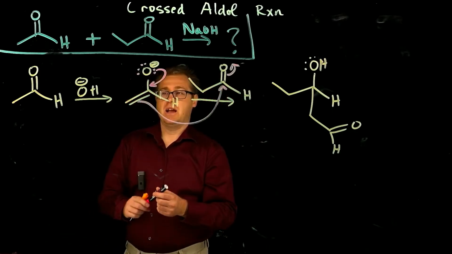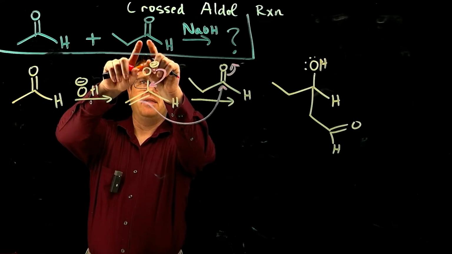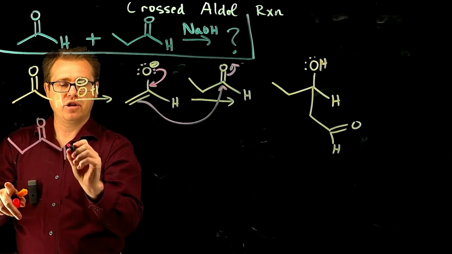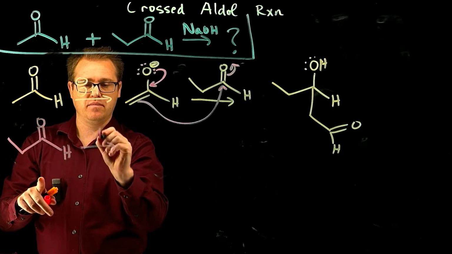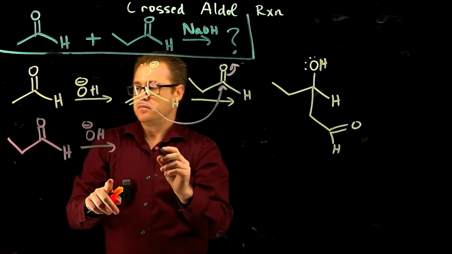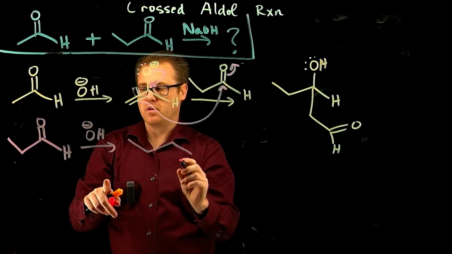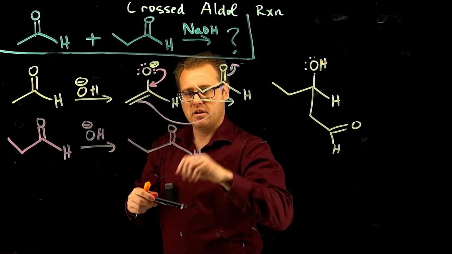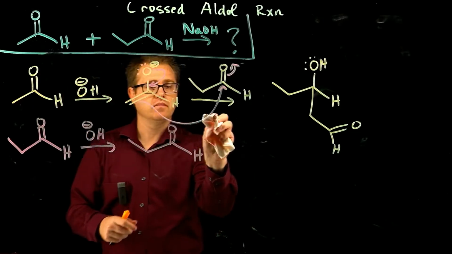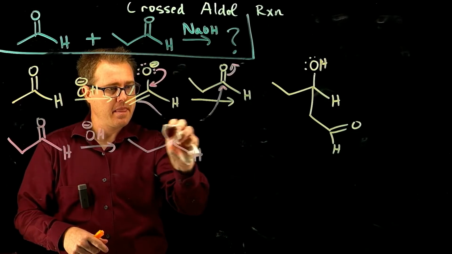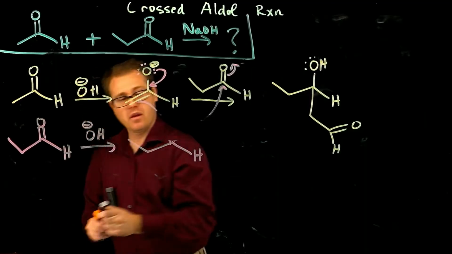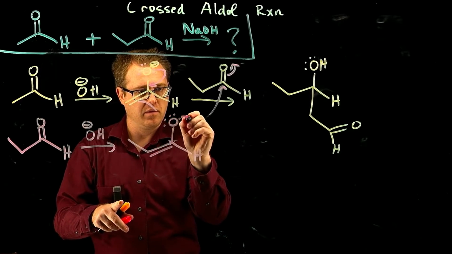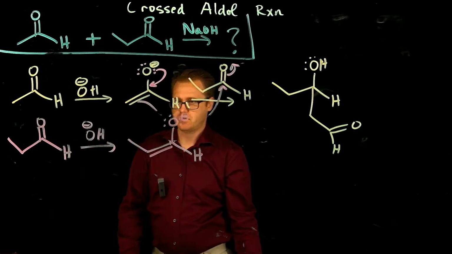And then we could have the other situation in which we take this aldehyde and turn that into an enolate. Which will give us, not this, will give us that guy.